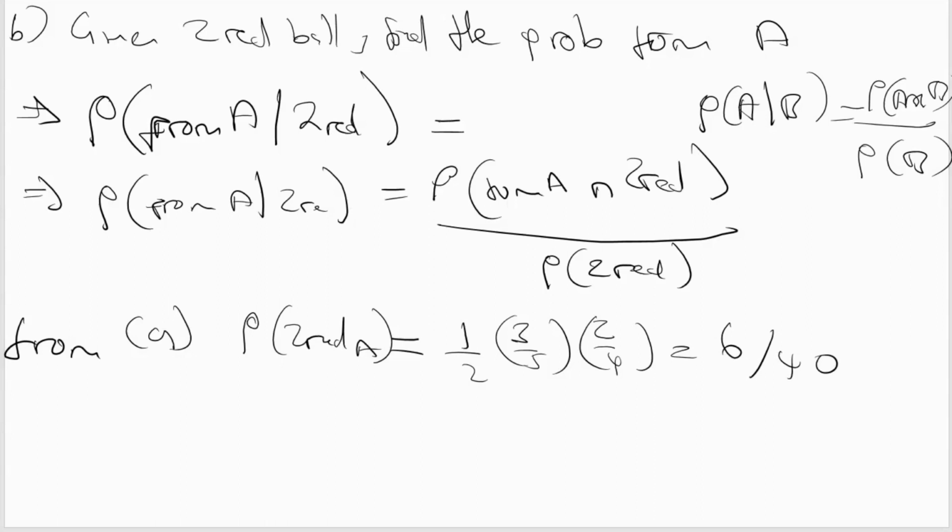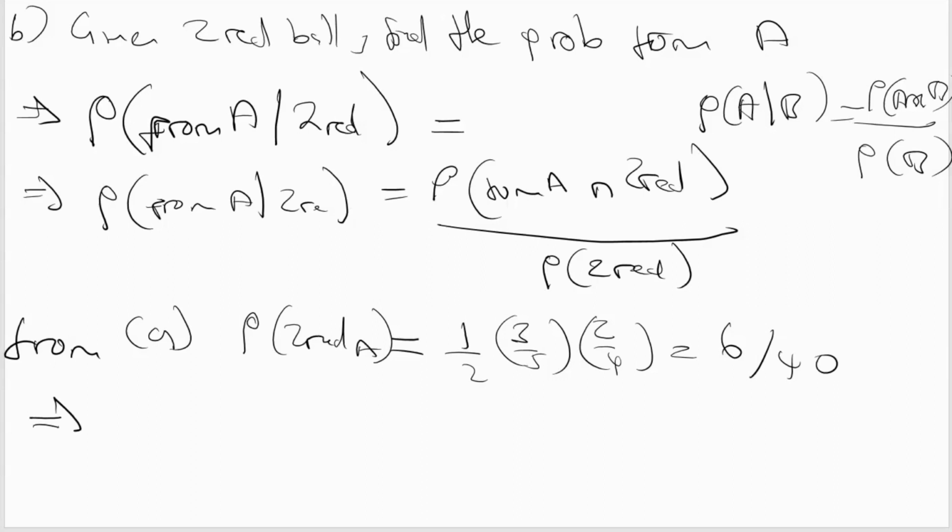Right. And so here we can see that the intersection between being from A and 2 red is equivalent to the fact that we have chosen bag A with probability half, times the probability of it being 2 red. So we already have that as 6/40.